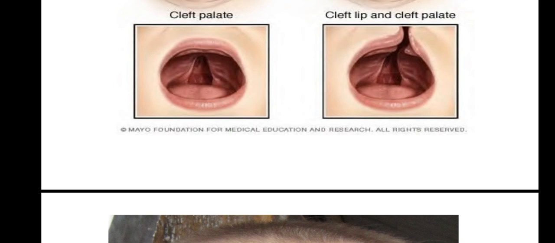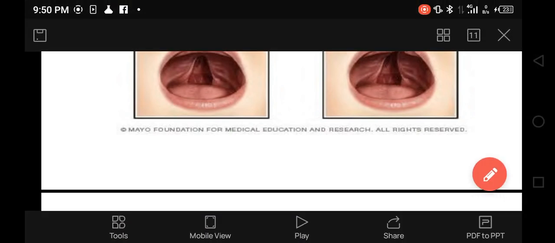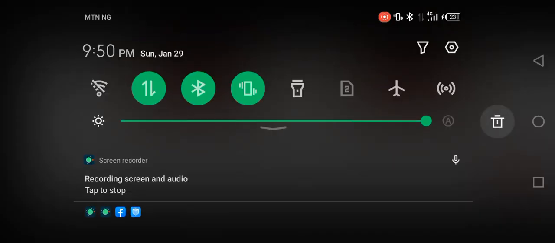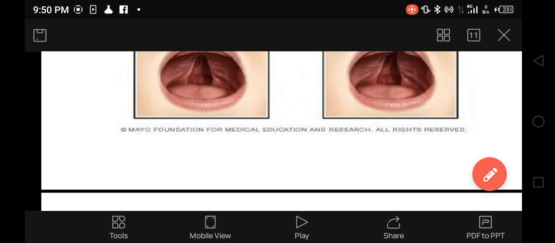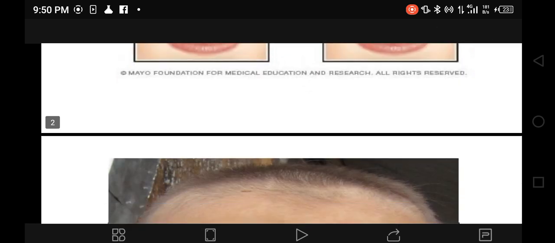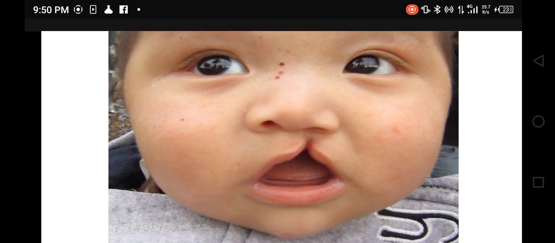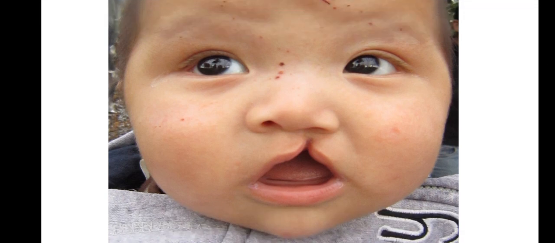Now, going further to look for another definition of a cleft lip. You could see another picture here. This is another child with the same issue.